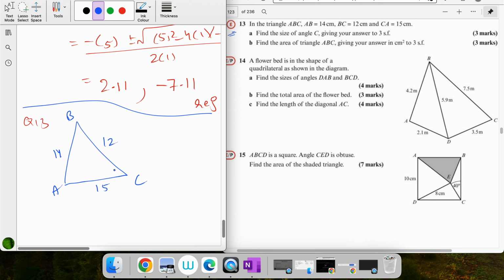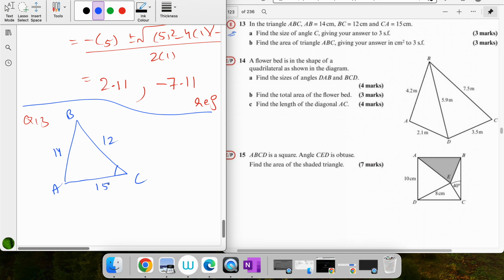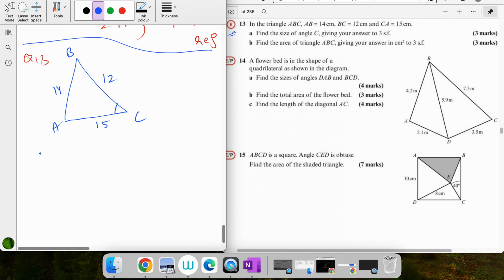Find the size of angle C. So we can use cos rule. So cos C is equal to 14 square minus 12 square minus 15 square divided by minus 2 into the two inclusive sides, which are 12 and 15.